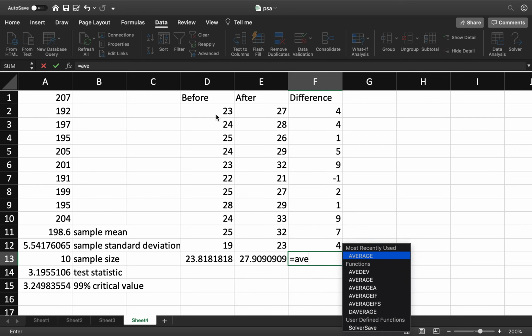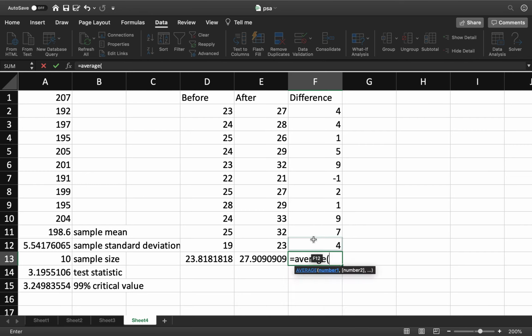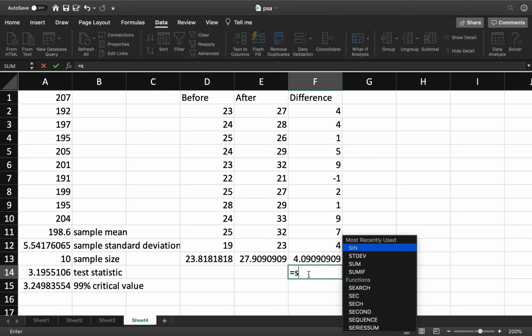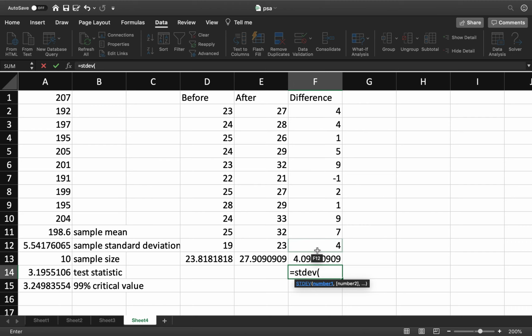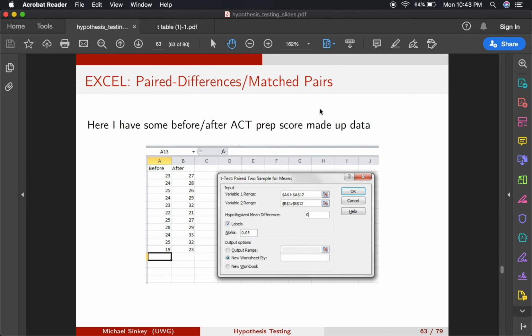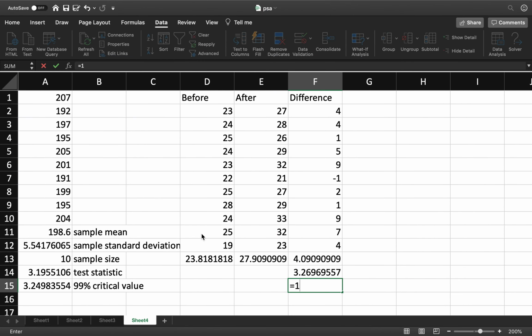This is the average of the differences. And you can see that if I take this column and subtract this column, I'll get this one. The standard deviation needs to be right down here. And the sample size is 11.